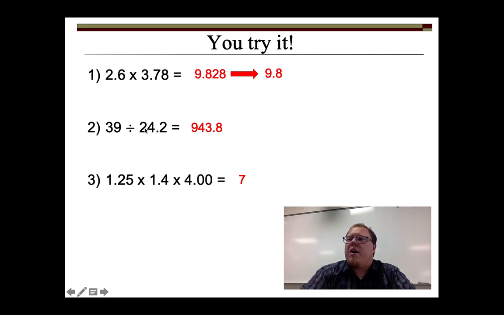39 divided by 24.2. This number has two significant figures. This number has three significant figures. So the answer, 943.8, I have to round that so it only has two significant figures. Same as this 39 here, not this 24.2, because 2 is less than 3. So round this to two significant figures. I want to keep the 9 and the 4.